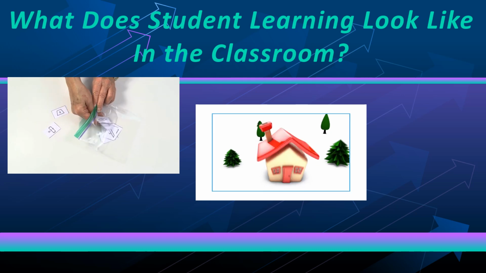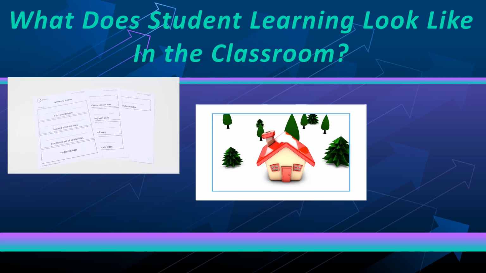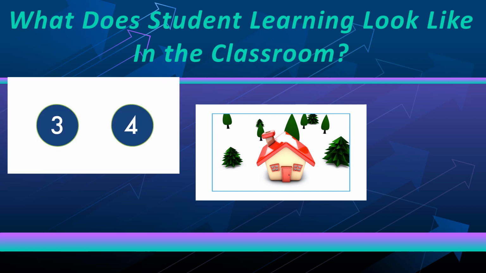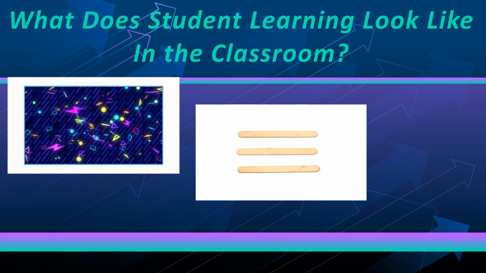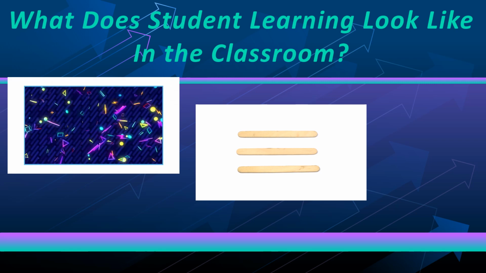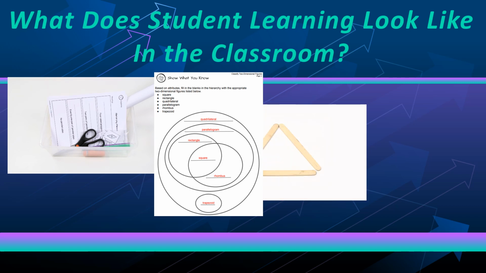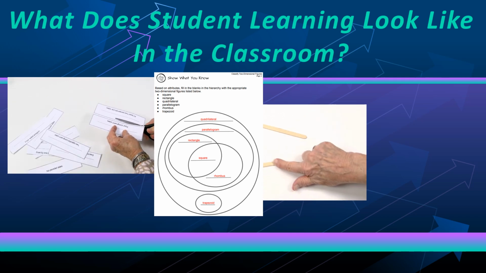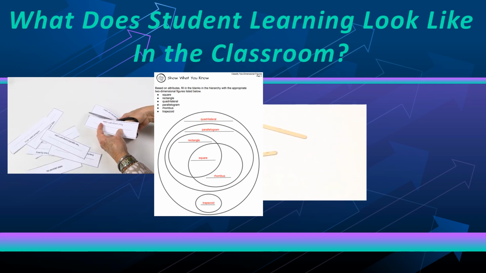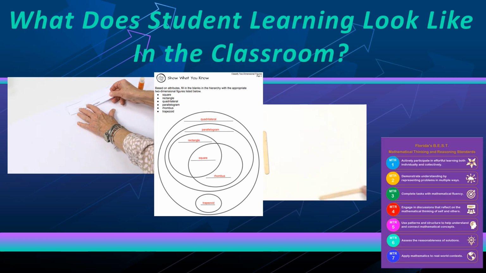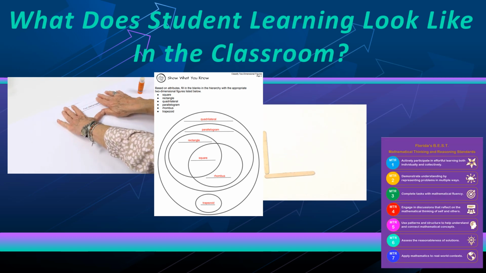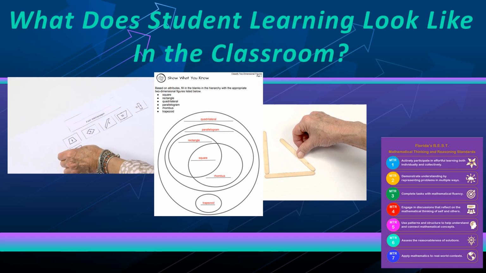Students should have many experiences drawing and labeling the figures as shown here, along with using other tools such as geoboards, anglegs, and grid paper. Finally, we see a Venn diagram where students would be asked to sort the shapes into different categories based on their defining attributes. This lesson would highlight MTR 4, 5, and 6.